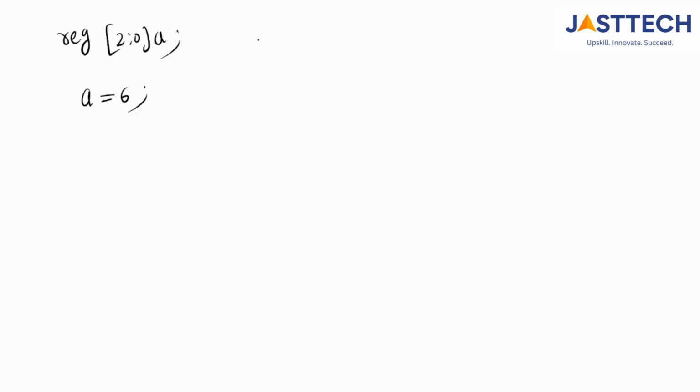Internally how will it store? This is 3 bits. Suppose $display, the value of a is %b, a.